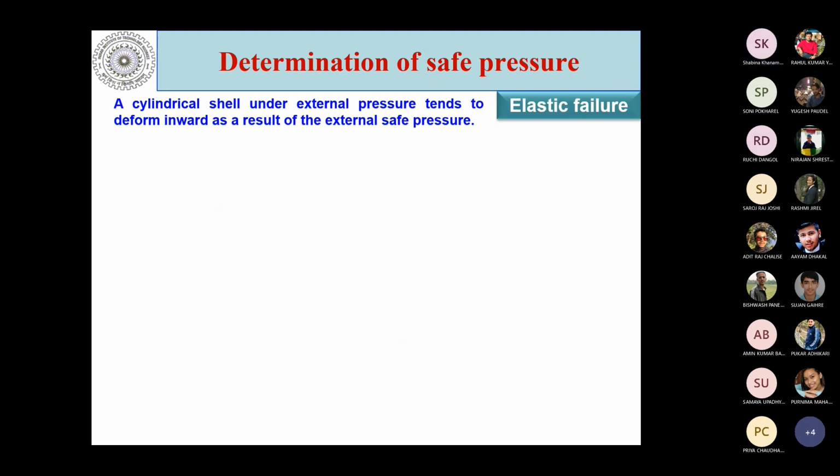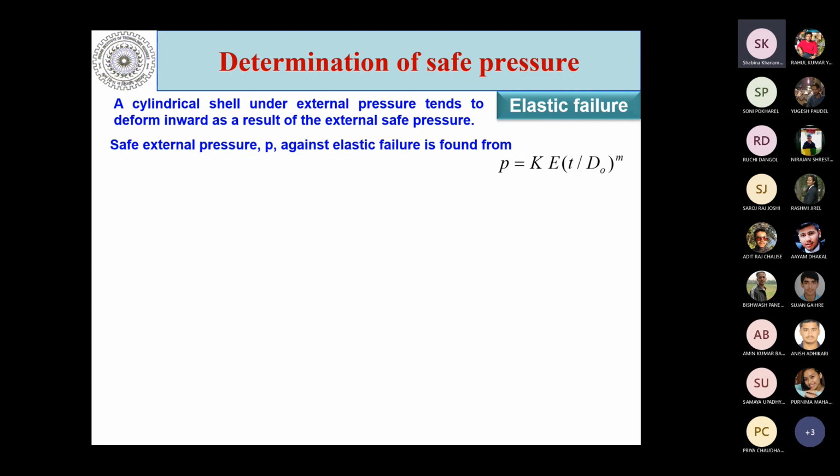In this case, the cylindrical shell under external pressure tends to deform inward as a result of the external pressure. So whatever external pressure we are considering, it will work towards the inside, in a compressive way, towards the center of the vessel, either from the longitudinal side or the circumferential side.